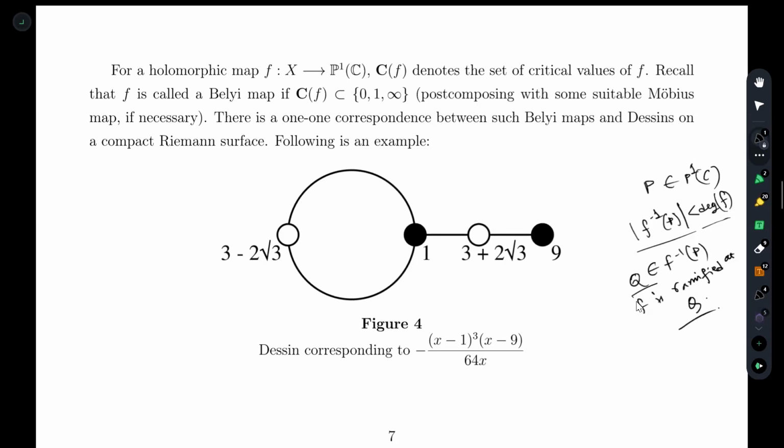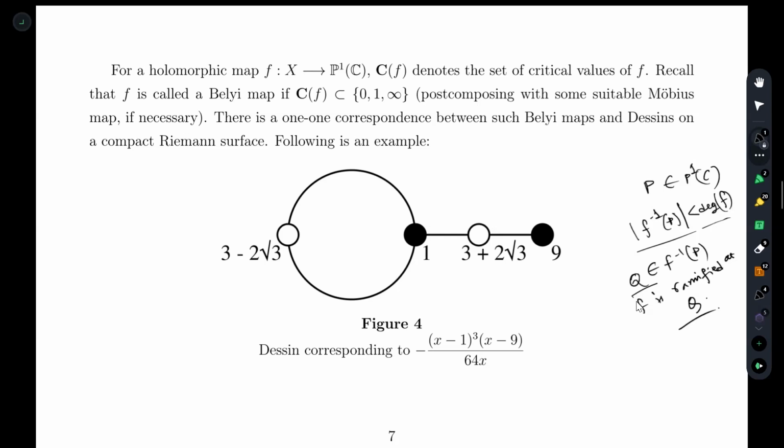And it is a deep theorem that there is a bijection between designs over compact Riemann surfaces and these Belyi maps, modulo some equivalences.